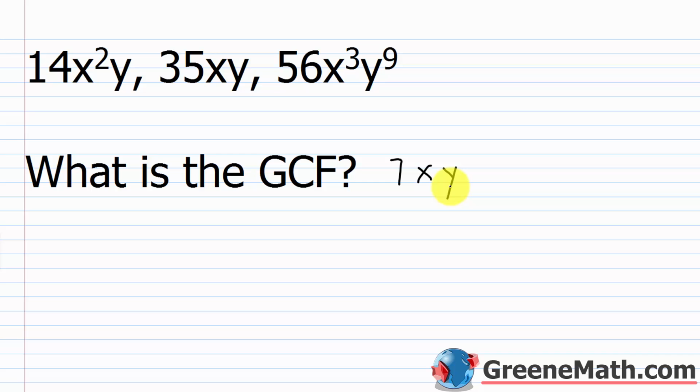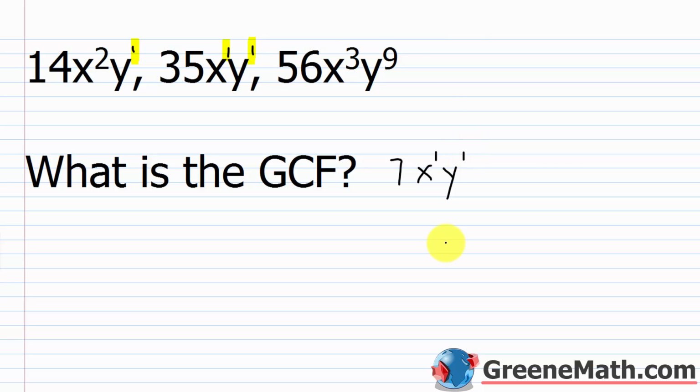So if I look at x, I have x squared, I have x to the first power, and I have x cubed. What's the smallest? It's right here, x to the first power. So this can stay as just x, or you can write an x to the first power for emphasis if you want. And then in terms of y, I have y to the first power, y to the first power, and y to the ninth power. Again, either of these is going to be the winner in terms of what's the smallest. So you can put a y to the first power there.